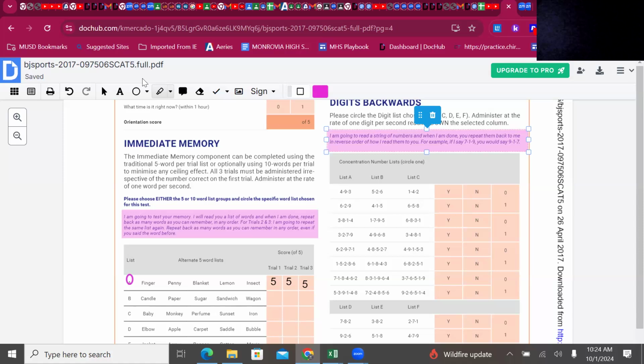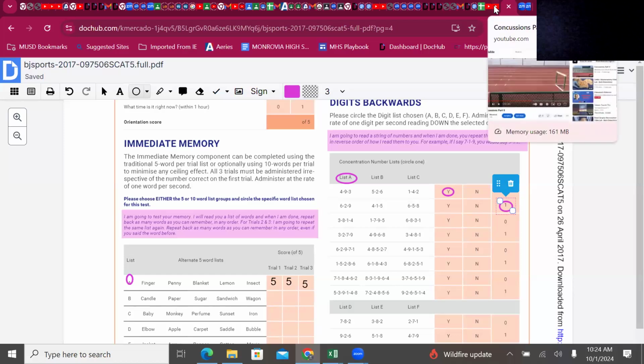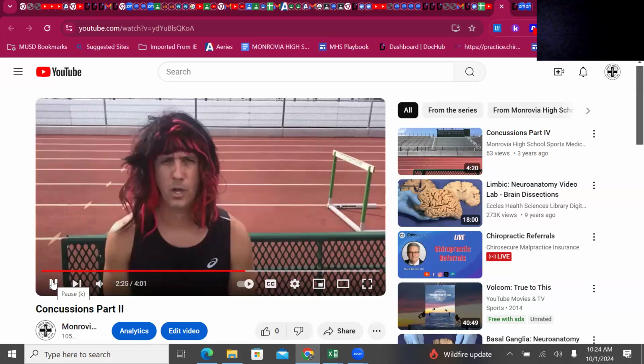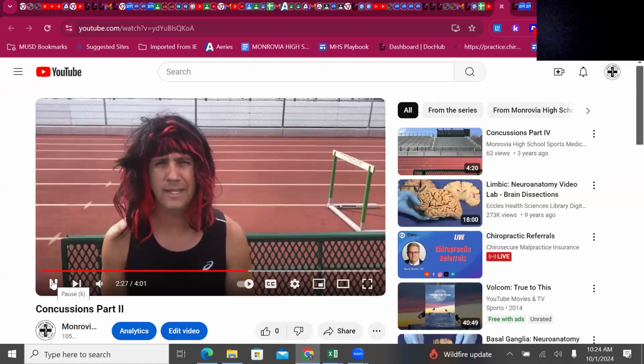Okay, so if I went back to grading that, I'm using list A, so I would circle list A. I just did 493, and Red repeated it correctly. I would circle yes, and then I'd give it a 1. Okay, here's the next set of numbers. 3814. 4183.